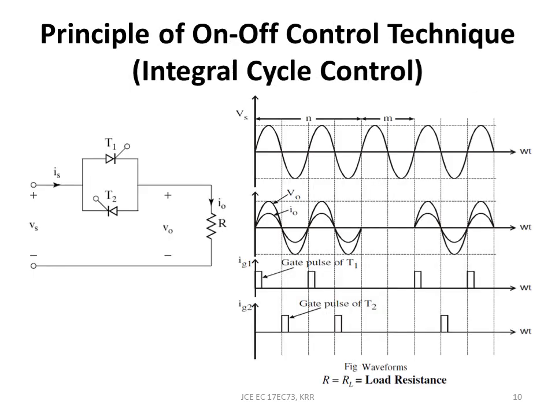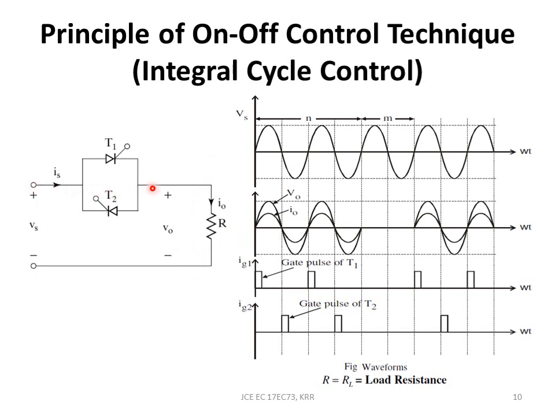So let us now look at the principle of on-off control technique. It is also called integral cycle control. The circuit is basically made up of an input, which is a fixed AC input Vs, and at the output I am also going to get an AC output, but it is going to be a variable AC.